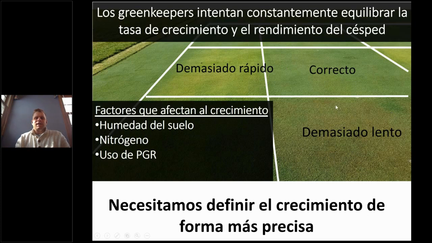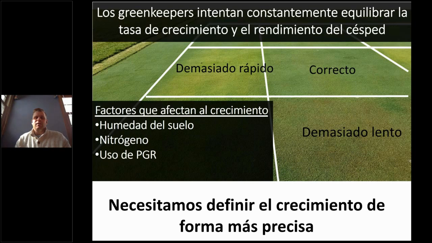And then we have grass that is growing too slowly, and we can see the damage from the mowers, from the grass being unable to recover. We're trying to use our moisture and nitrogen fertilizer to balance that. It's great to roughly say whether the grass is growing fast or slow, but it's better to have an actual goal.